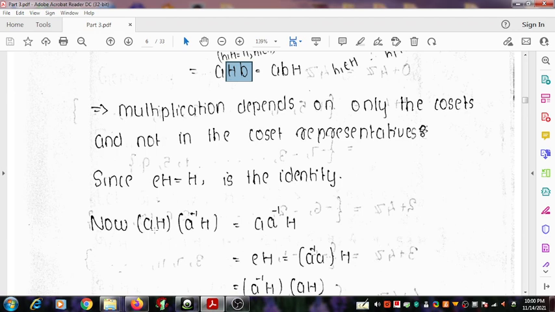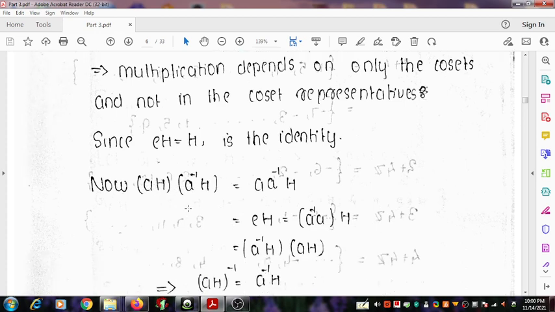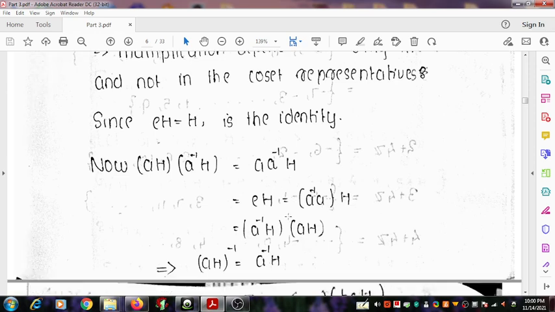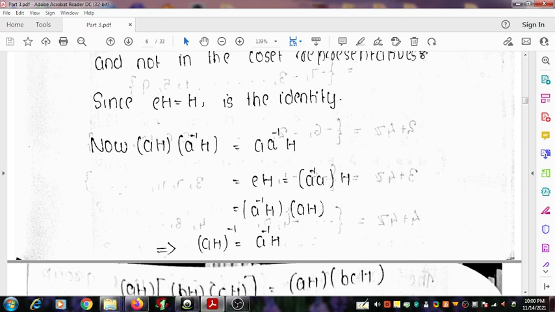Now let's operate the first element with the second element, A inverse H dot AH. According to the definition, that combines to A inverse into A of H, and these two cancel out. So it becomes EH, which equals H. That can be written as A inverse A H equals A inverse H into AH.